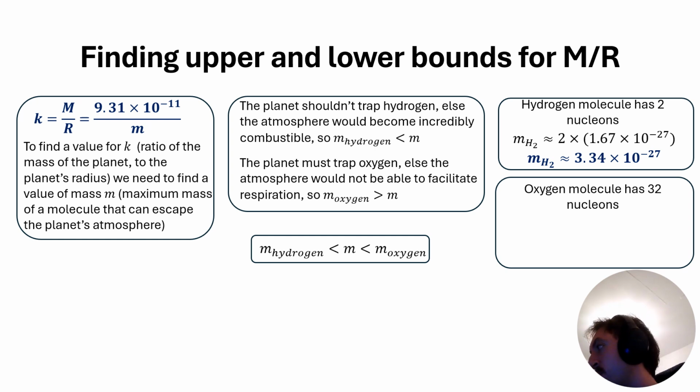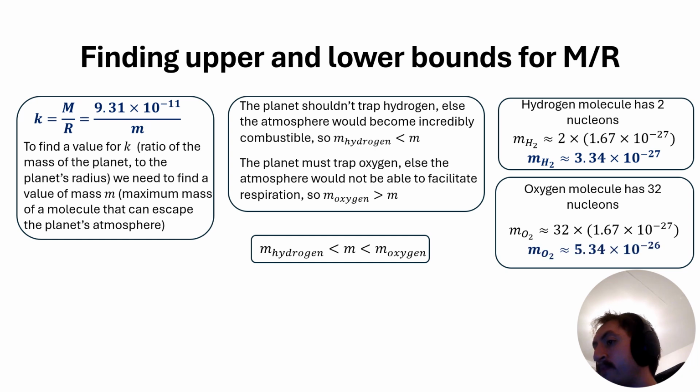And doing similarly with oxygen, each oxygen atom has 16 nucleons. You can get that from looking up the atomic mass of oxygen in the periodic table. An oxygen molecule is 2 oxygen atoms, so we have 32 nucleons within the molecule, giving us a mass of 5.34 times 10 to the minus 26 kilograms.